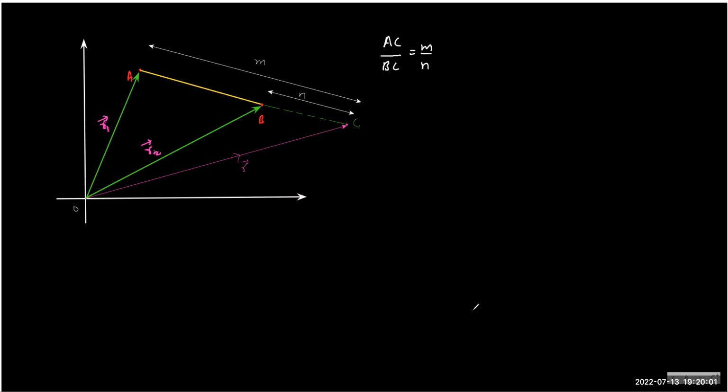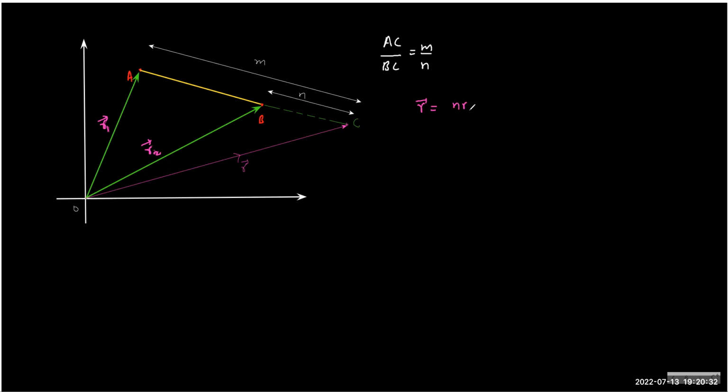Done, sir. Very good. So what is the answer? Sir, R is equal to NR1 minus MR2 upon N minus M. Okay, maybe that's my mistake, I have taken it the other way around.